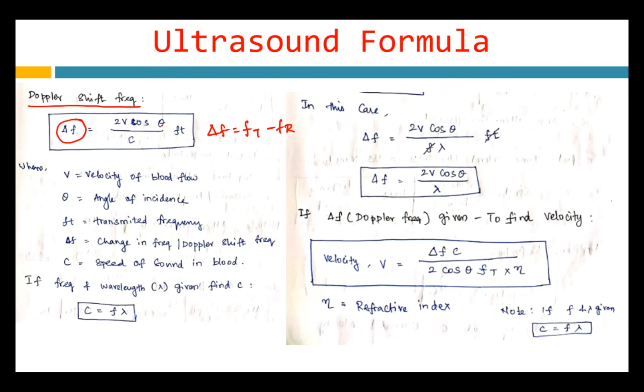V is velocity, theta is angle of incidence, C is speed of sound in blood, and Ft is the transmitted frequency. If you know the transmitted frequency, you can calculate the change in frequency. Okay, so this is the first formula. In some cases they give the change in frequency and ask you to find the velocity. So velocity is the second formula. It's just a rewrite of this equation.